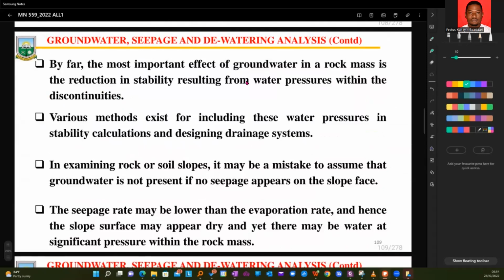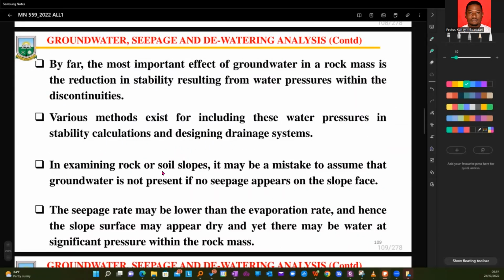By far the most important effect of groundwater in a rock mass is the reduction in stability resulting from water pressures within the discontinuities. Various methods exist for including these water pressures in stability calculations and designing your drainage system.